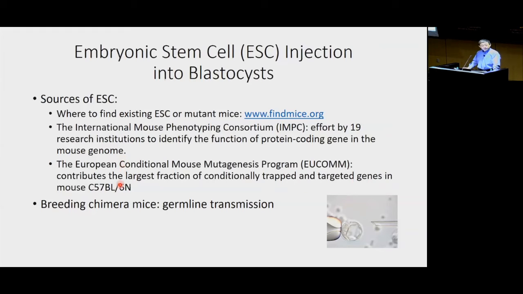The largest existing collection of conditional gene knockouts in ESLs is the European Conditional Mouse Mutagenesis Project. That was done a few years ago, on a large scale. And I did inject several clones from this consortium. It works in most cases.